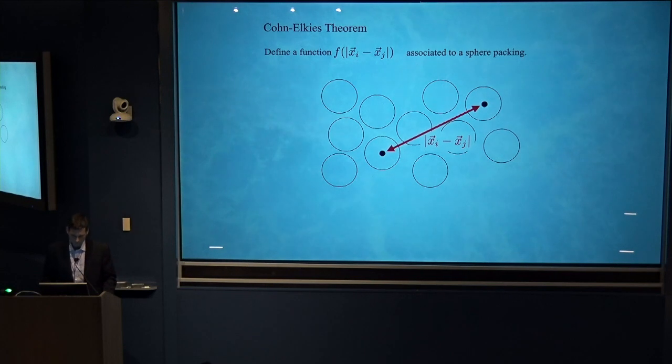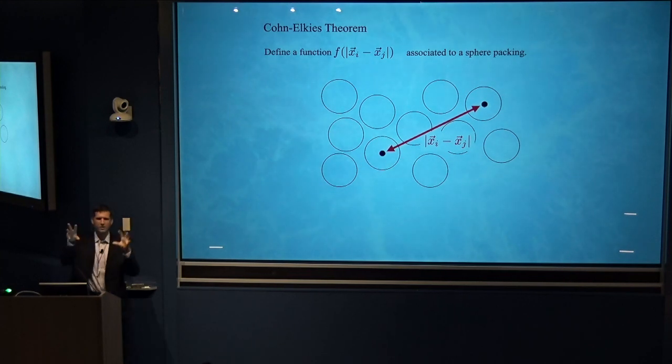What Cohn and Elkies did was define a function, f, associated to a sphere packing. The way you should think of that function is that it tells you properties of how far apart the centers are.